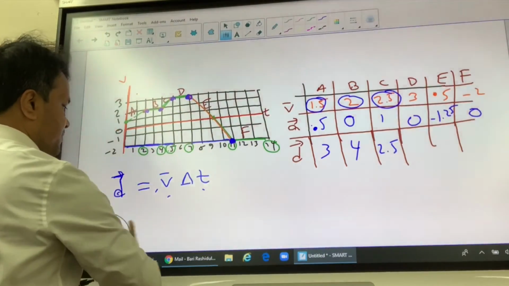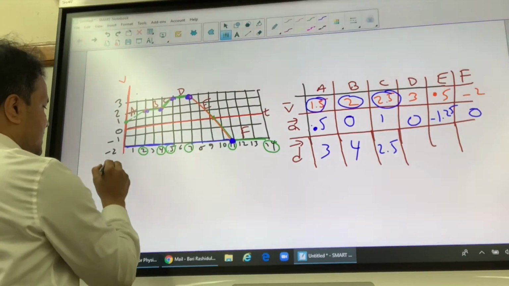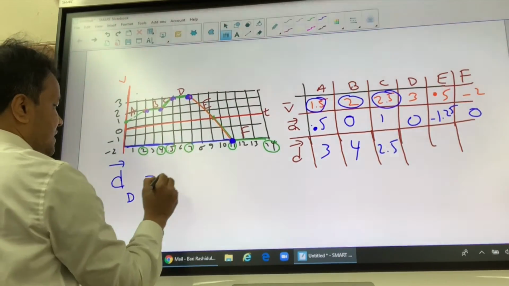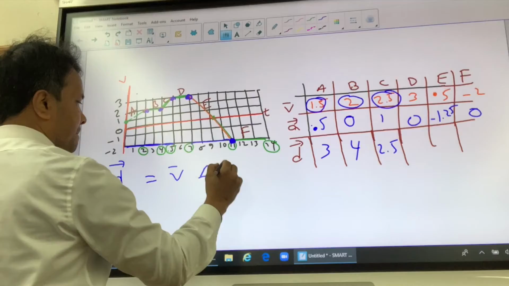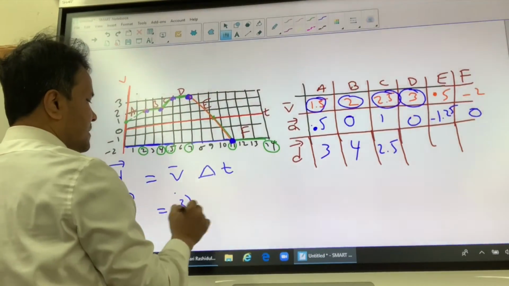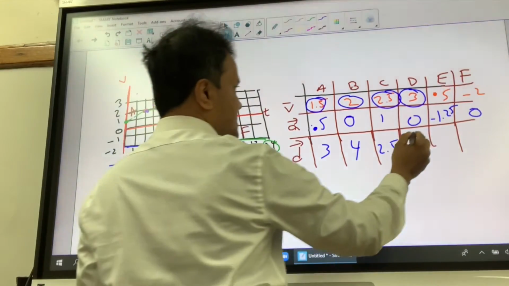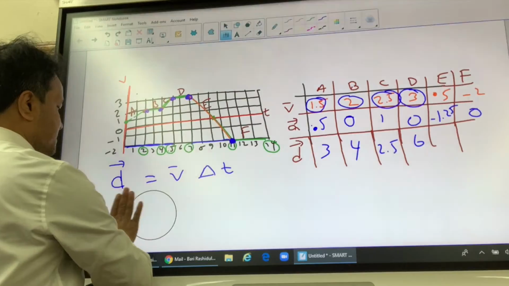Section D is 3 and elapsed time is 2, so 6.